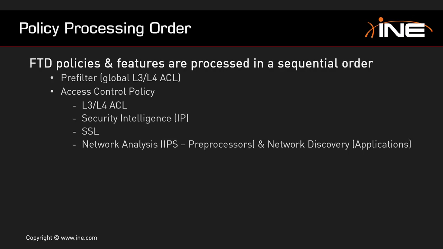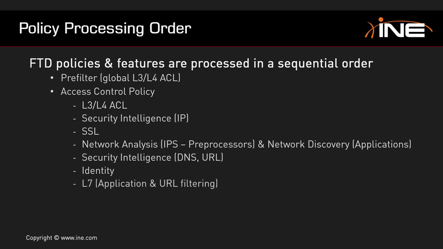And network analysis is actually going to be performed at a few different places, as we will see in just a moment. Next comes security intelligence, but this time based on domain names or individual URLs. We have the identity policy for authentication.